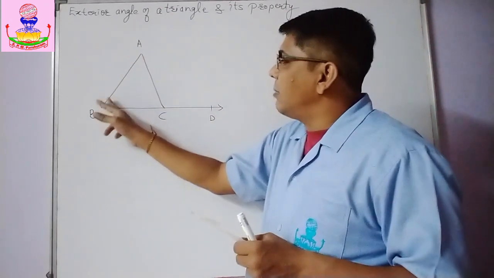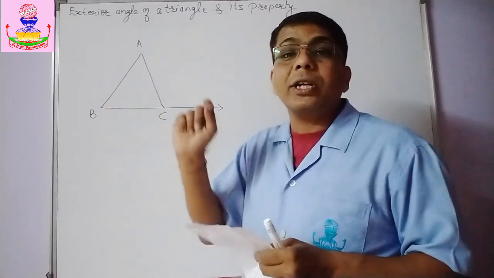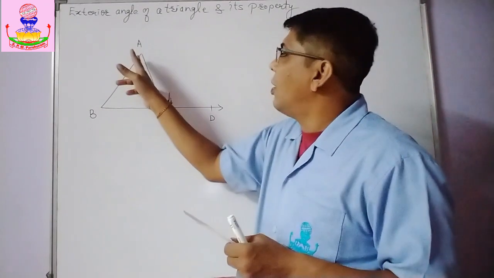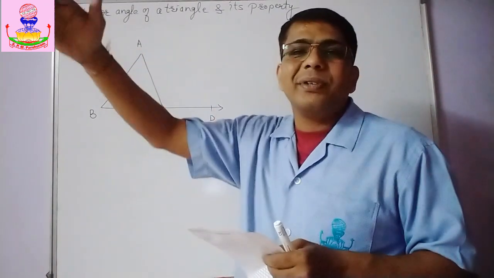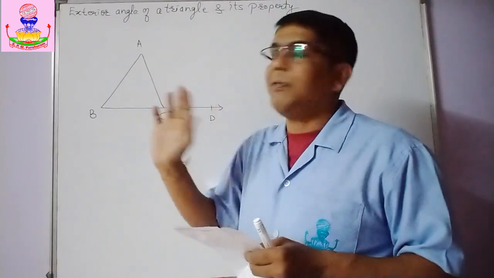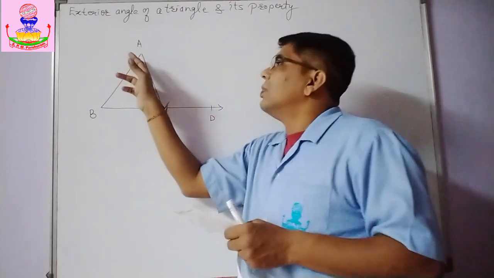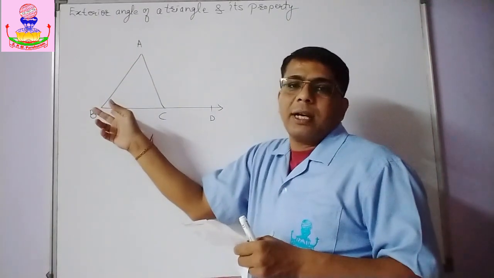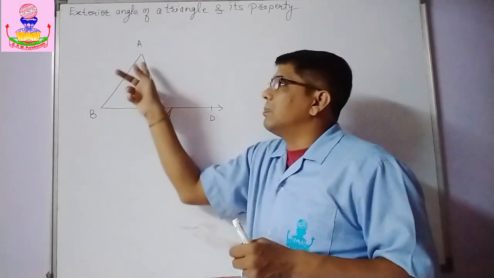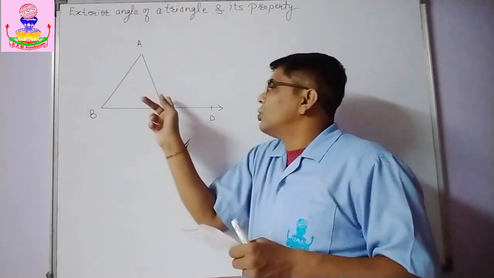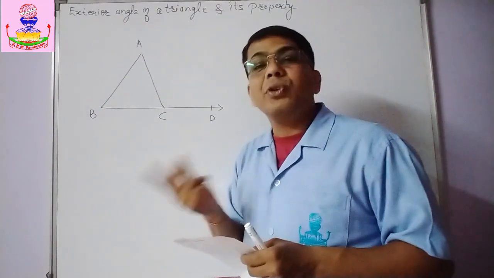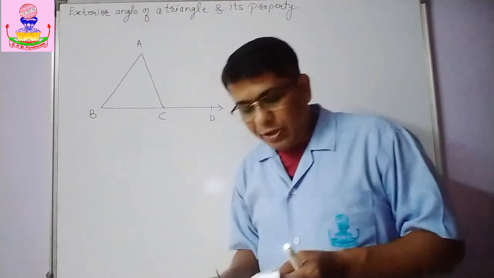These are called the interior opposite angles or remote interior angles, remote meaning which are far away. The sum of the measures of these two angles should be equal to this angle. That is the property.